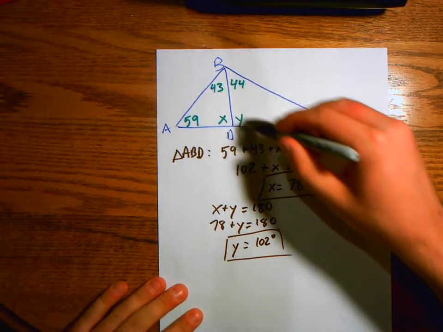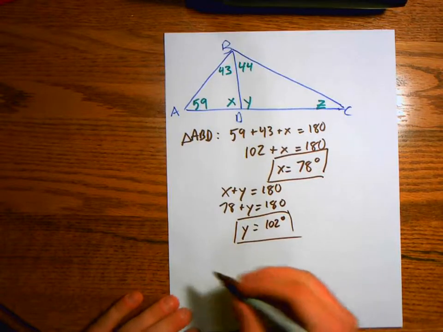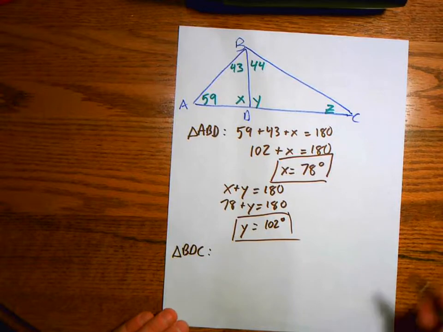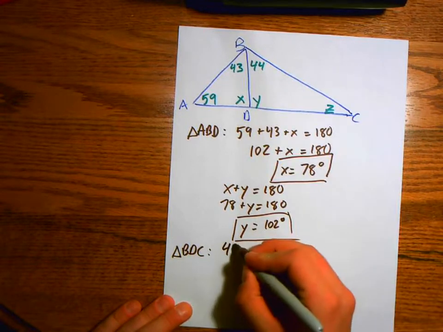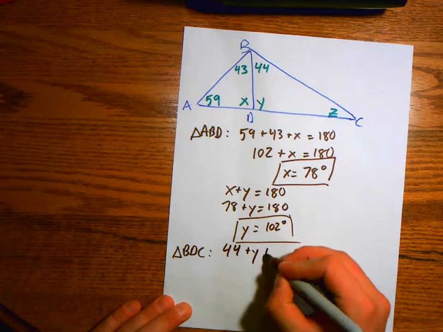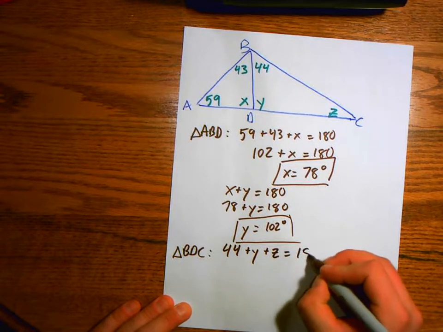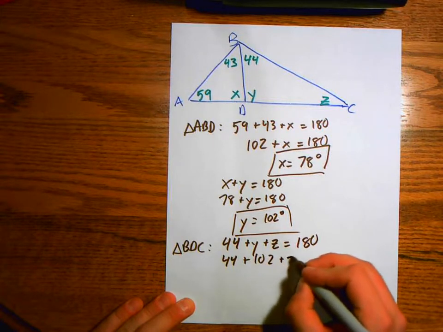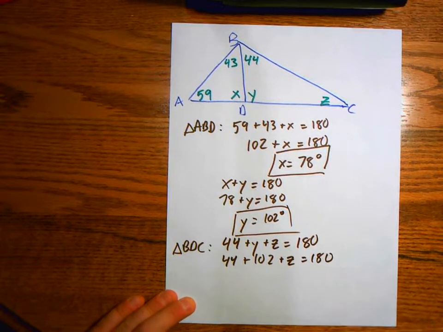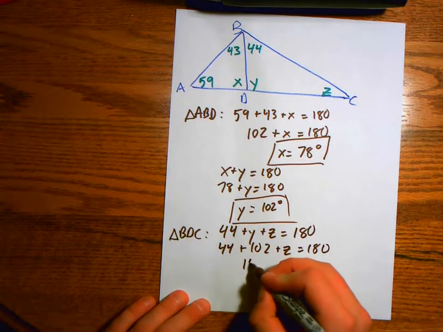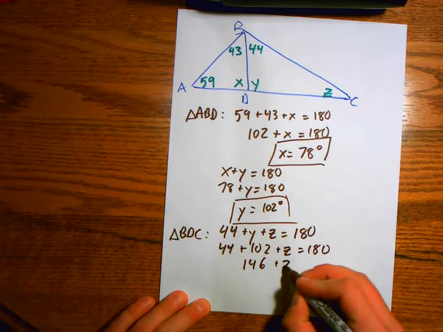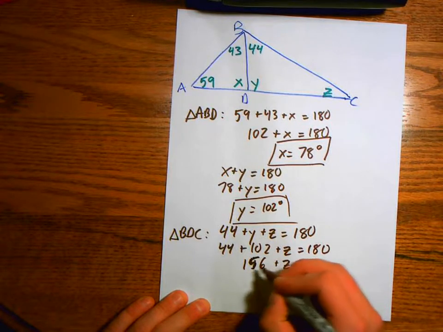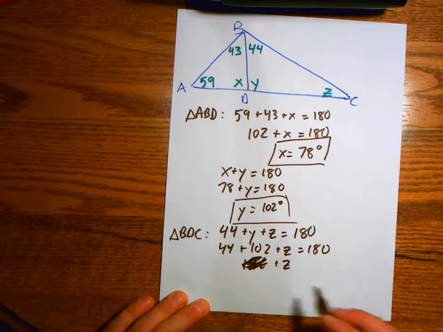Now we can take a look at this smaller triangle here, BDC, and say that 44 plus y plus z is equal to 180. But since we know what y is, we can replace it with 102. 44 plus 102 is 146.